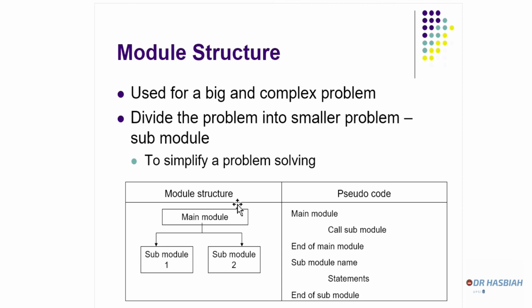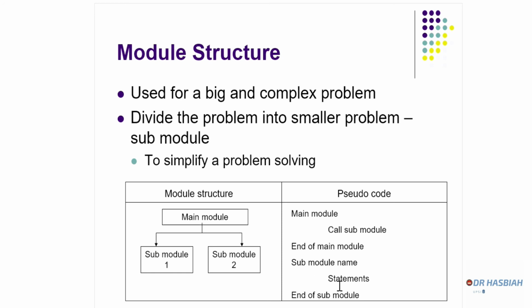That is the module structure here. If you see the box here, I have the main module, and you divide into sub module 1 and sub module 2. In pseudocode we have main module, call sub module 1.